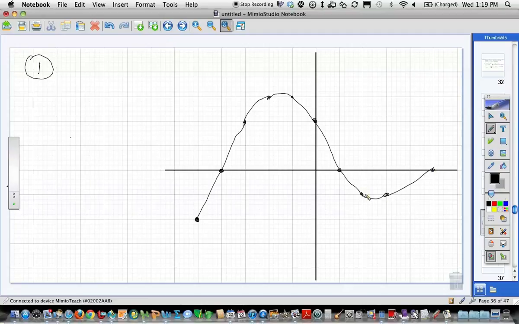Okay, so it doesn't have to be perfect. If you get the general shape of it, crossing the axis kind of in those positions, that should work.